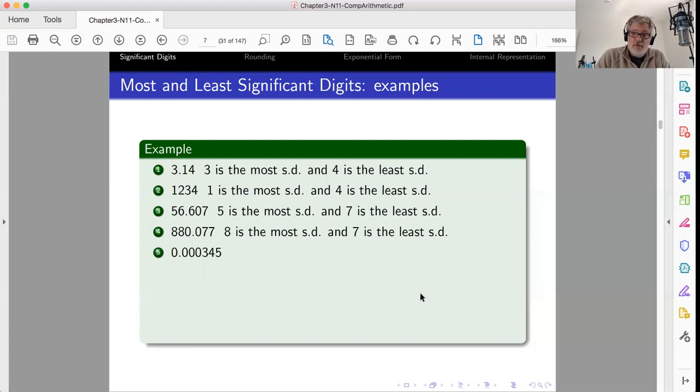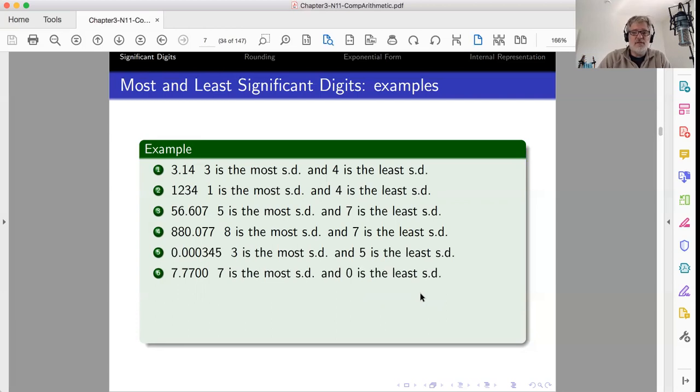Here, the leading zeros are not significant, so the most significant digit here is 3 and the least is 5. 7.7700, again, those trailing zeros are significant after the point, so 7 is the most significant and 0 is the least.